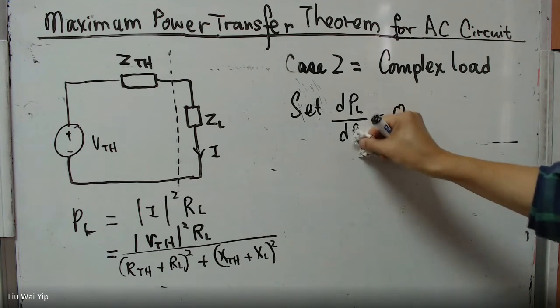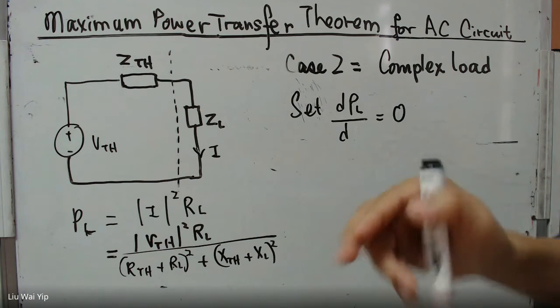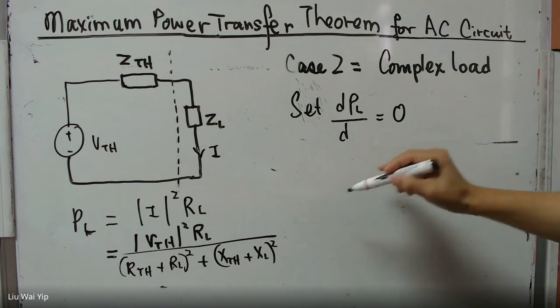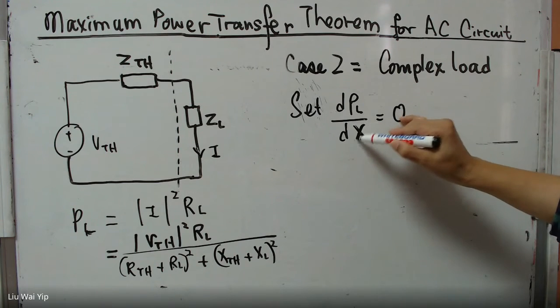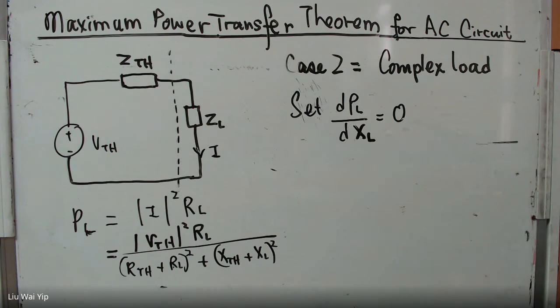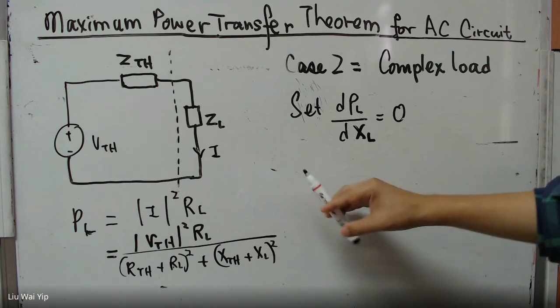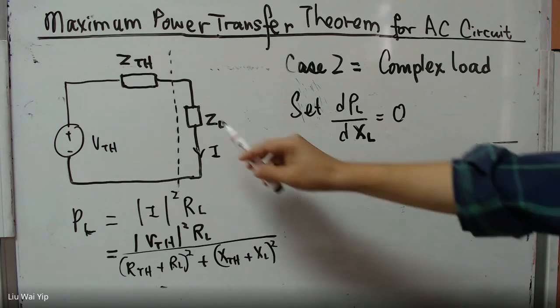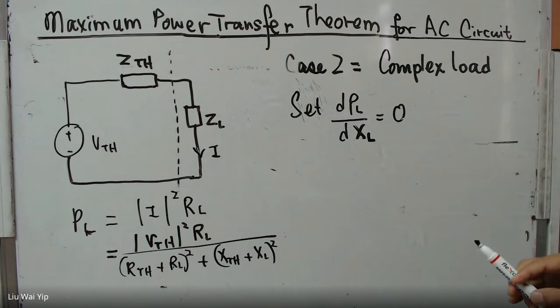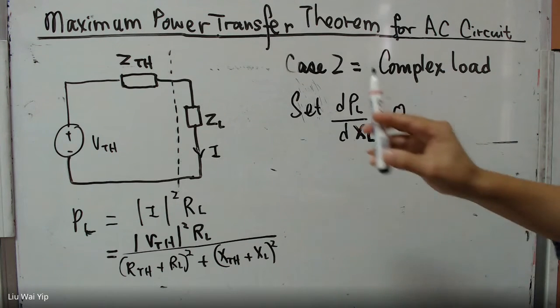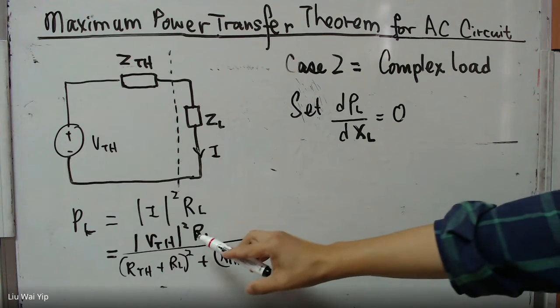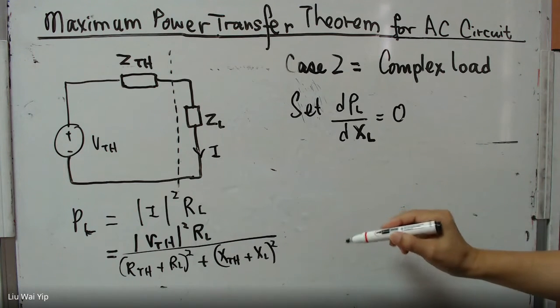We do it separately. We first differentiate the power with respect to the load reactance and see what happens. And if we do that, then the top one will be 0.